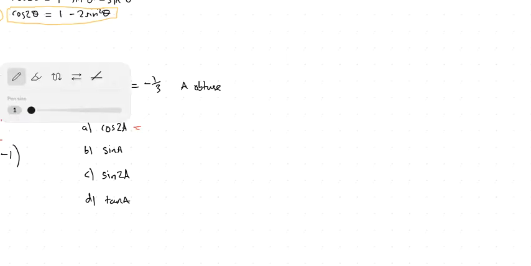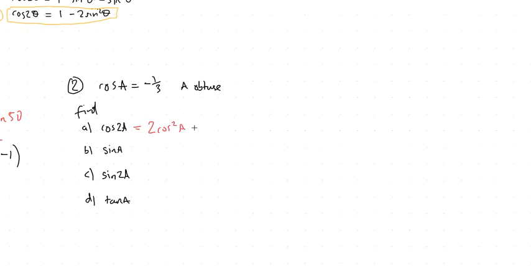So in other words, this will be 2 cos squared A minus 1. And now we just substitute in what we know. It's 2 cos A is actually minus 1/3. So it's minus 1/3, that's cos A squared minus 1.